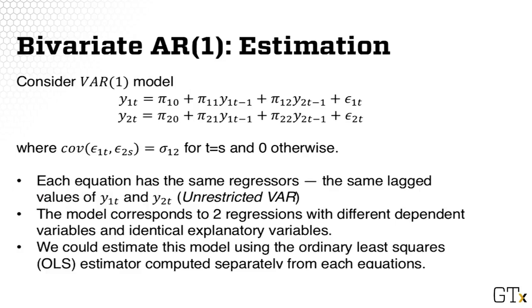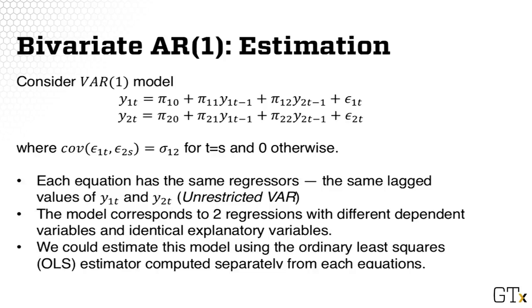Let's illustrate the VAR model with the simplest example, a bivariate VAR 1 model. For this model, we have two model equations, one for each time series. Since the order is p equal to 1, the model is only with respect to y1 t minus 1 and y2 t minus 1.